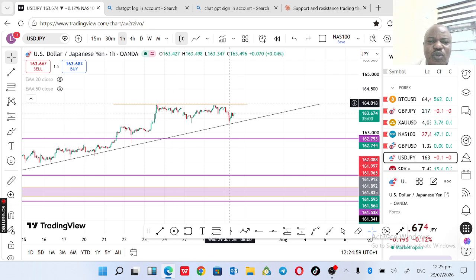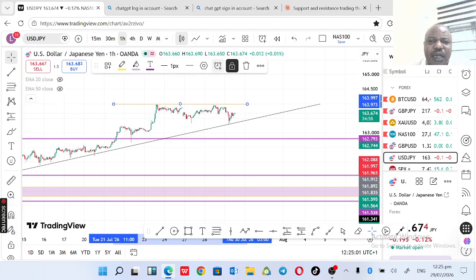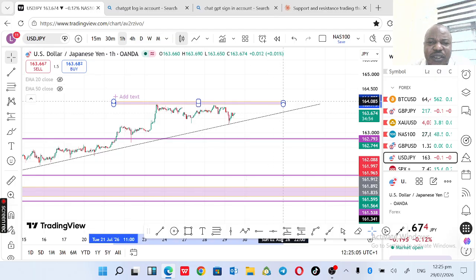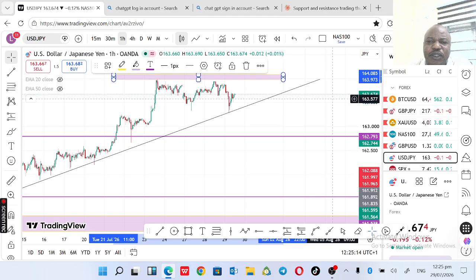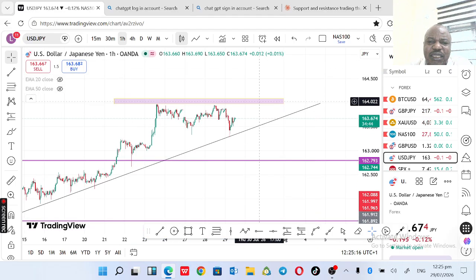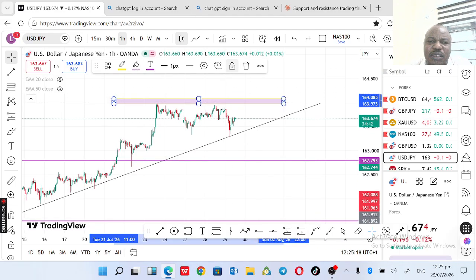Now, what do we need to do? We have to bring in our horizontal trend line and mark this up. Whenever the market gets here, it retraces back, gets here, it retraces back. So if you are going into a trade, the best way to trade this is whenever the market gets to this resistance and returns back.